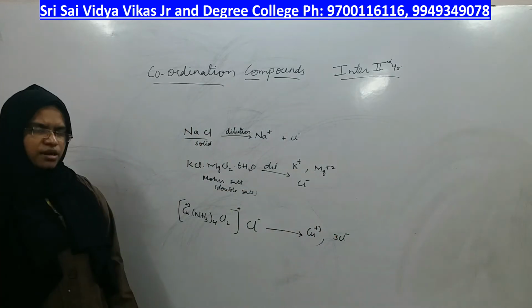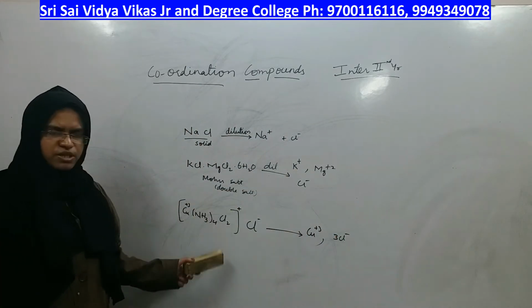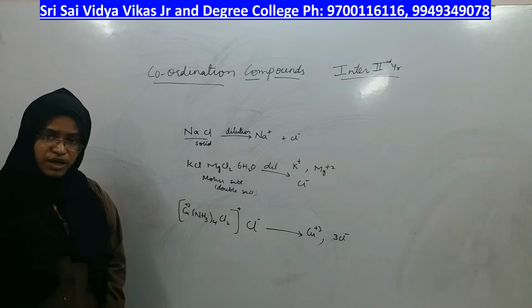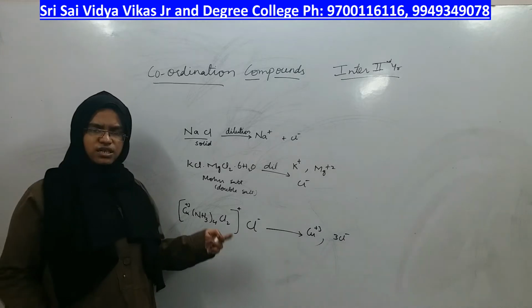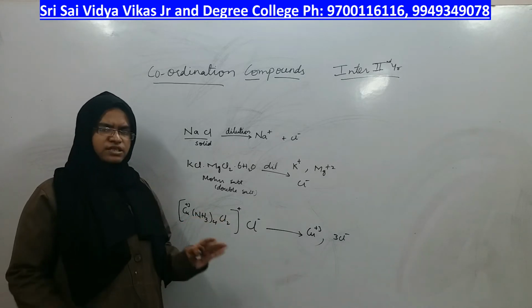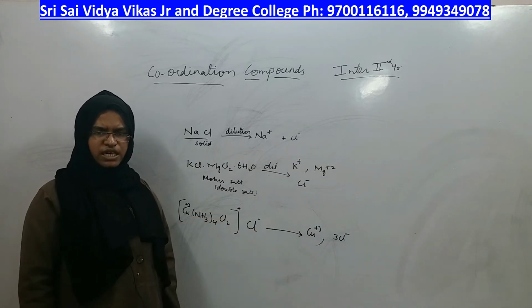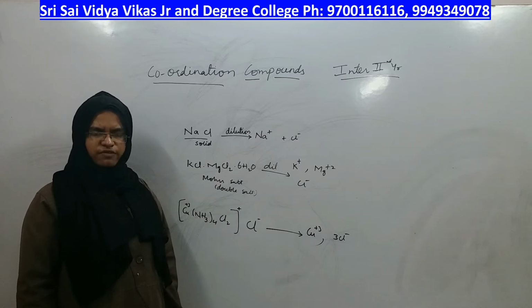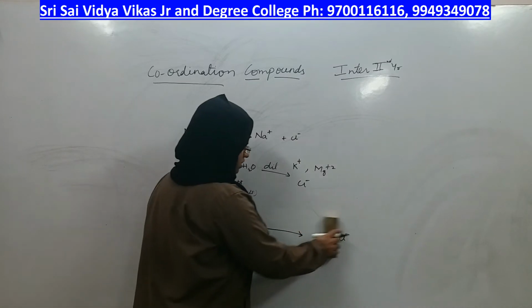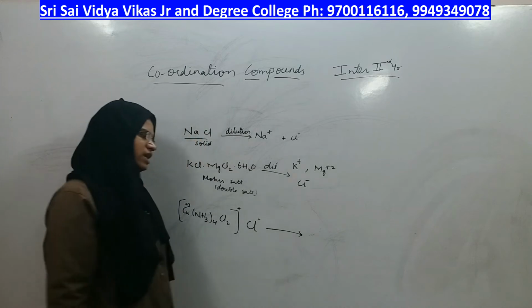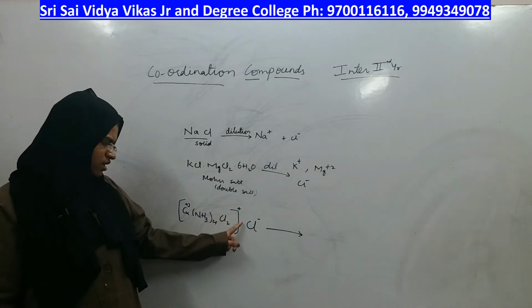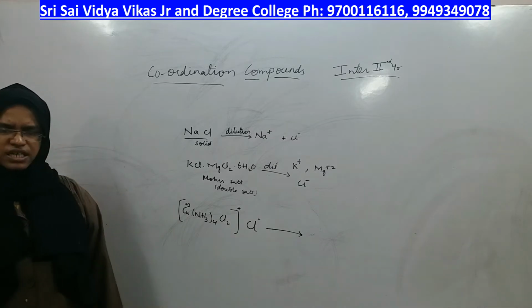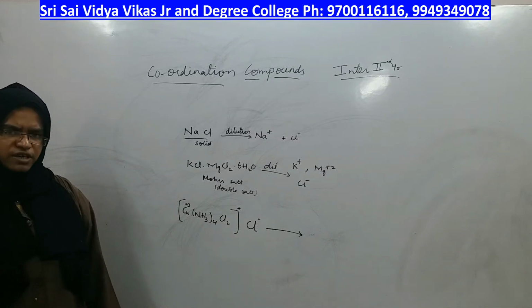But that is the speciality of coordination compounds, which says once the coordination compound is formed, it cannot be dissociated in the form of ions even if you add water. The square bracket which I am showing here is the coordination sphere.